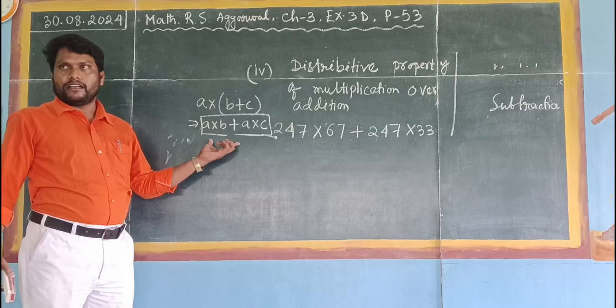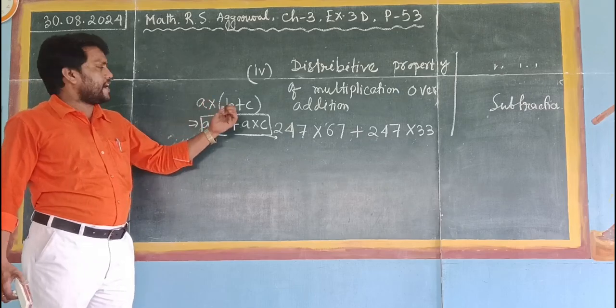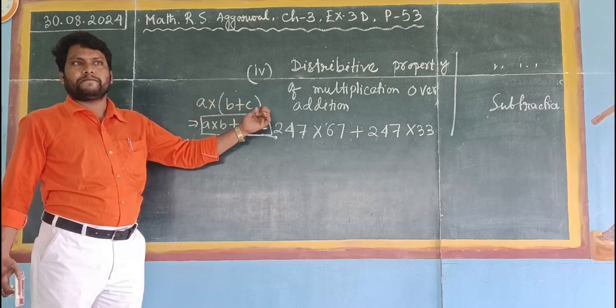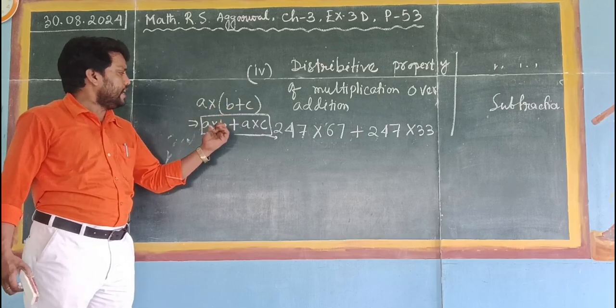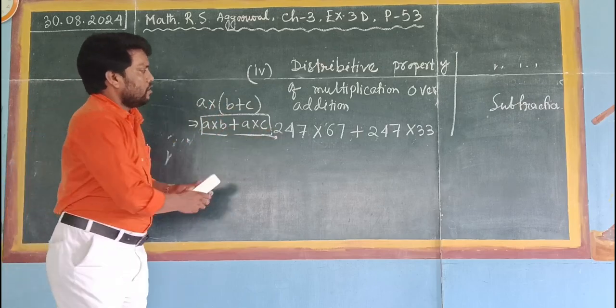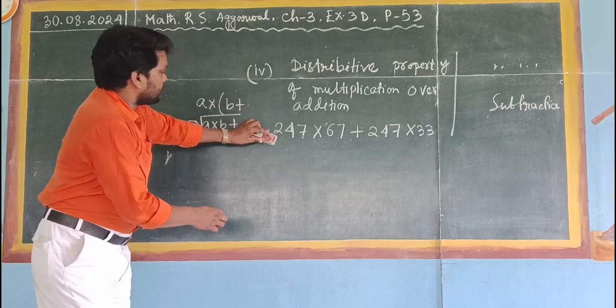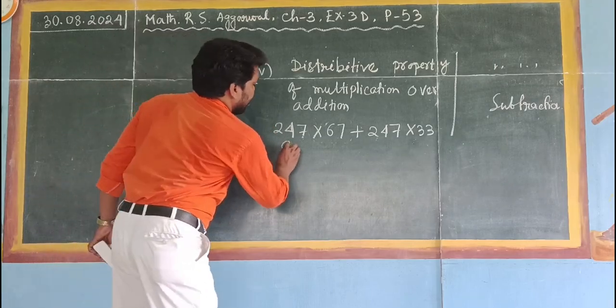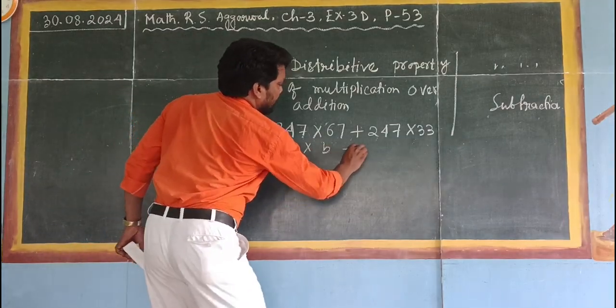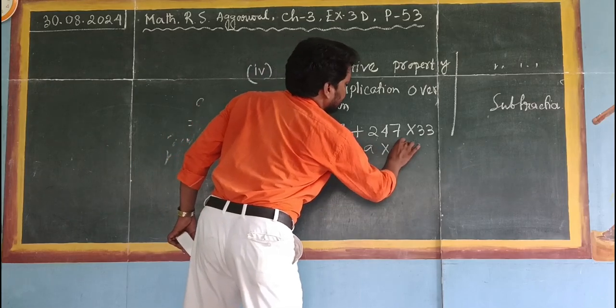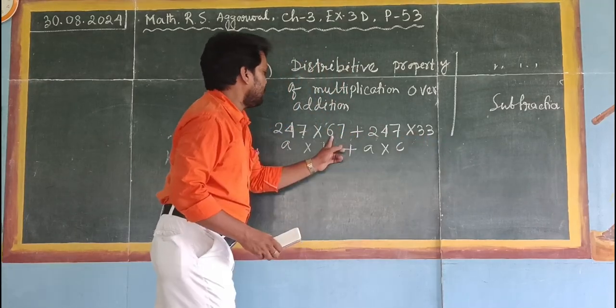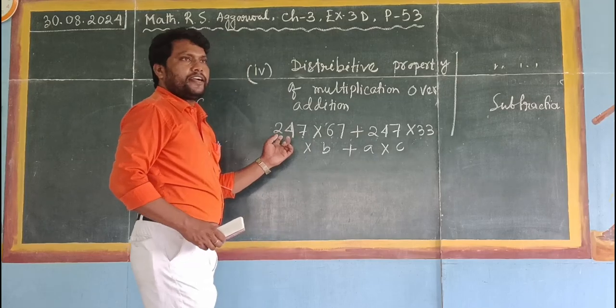In the property, A is common, bracket B plus C. That means A into B plus A into C. Look very carefully. Suppose it is A into B plus A into C. It is totally different but the same.